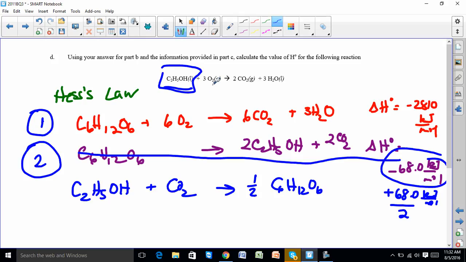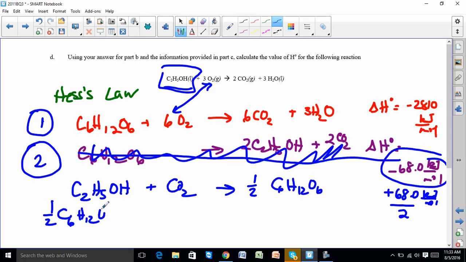Now, I need to have an O2 on the left with the 3 in front of it. We've already used this equation. I only have one equation left. Okay, so the O2 is on the correct side, but again, I have to divide it by 2. So 1 divided by 2 is a half. 6 divided by 2 is 3.